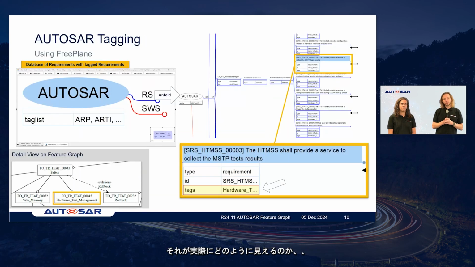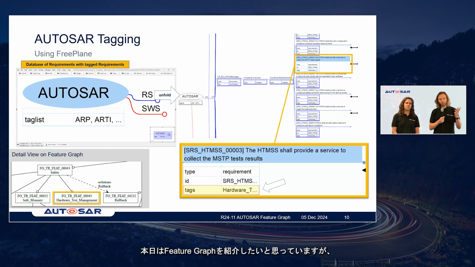And also to give you a glimpse of what the whole tagging we are talking about actually looks like. Today we want to present you the feature graph, but the tagging is also a major part of it. Down on the left-hand side, you see a small picture of the feature graph, the hardware test management. If you have the database of this whole standard, you can filter the whole standard according to one tag.